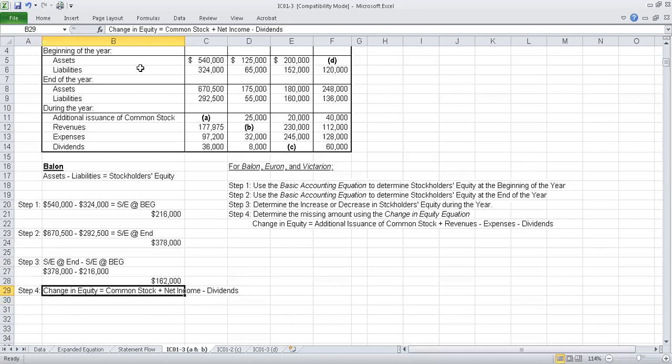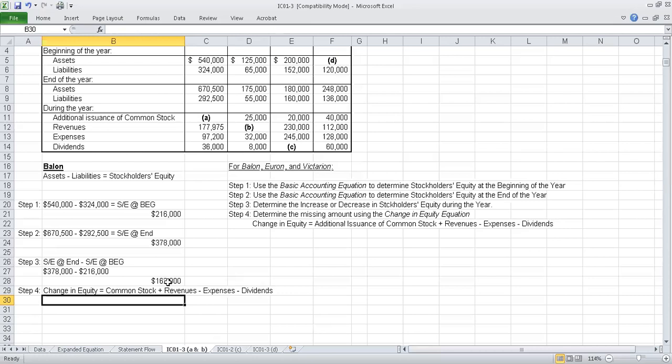And instead of net income, we can say plus revenues minus expenses. So as long as we only have one unknown, we can solve.